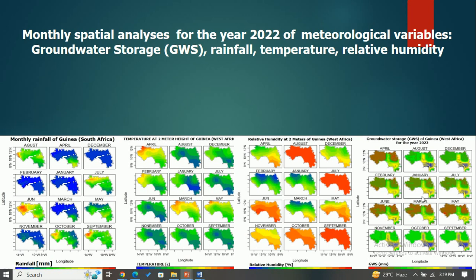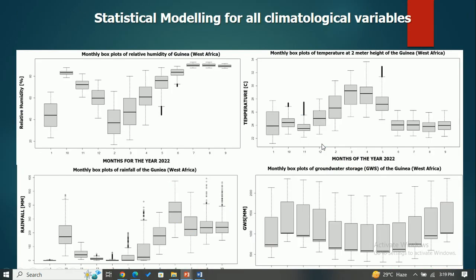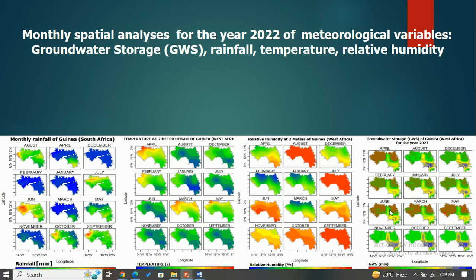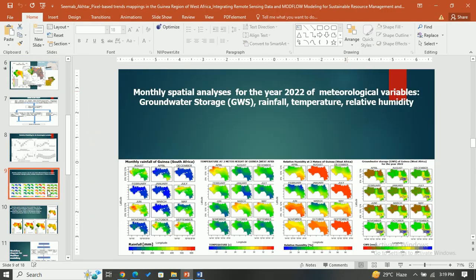If we consider this map, just see, this is the minimum value, near about 600 mm.